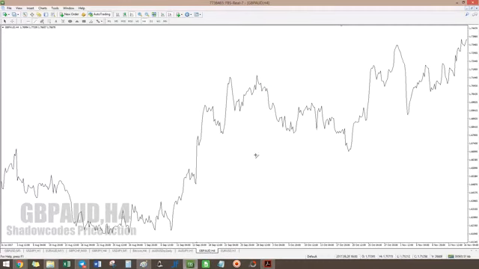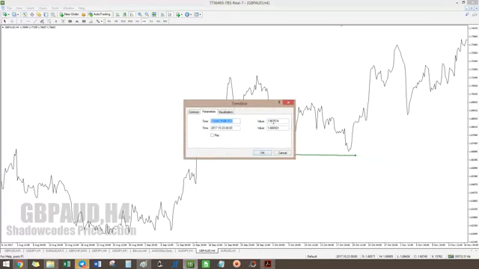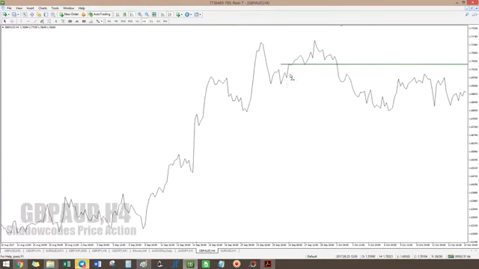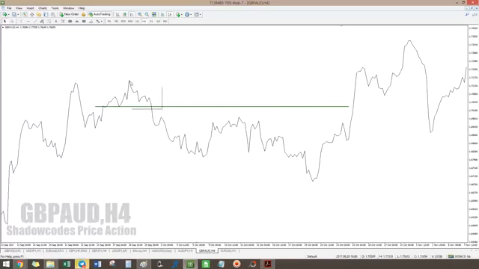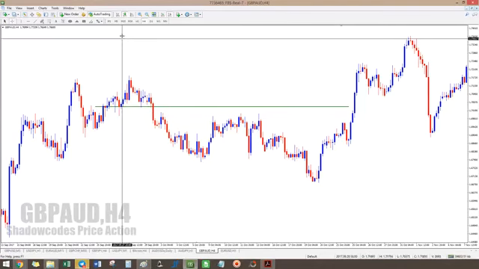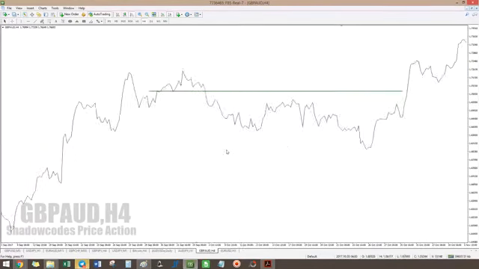Over here we got a nice one. So let's zoom in a little. This is a downtrend. Let's change it to candlestick. So bye-bye, no trade. Let's find another one.